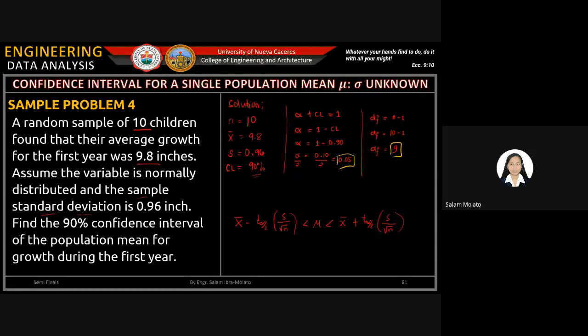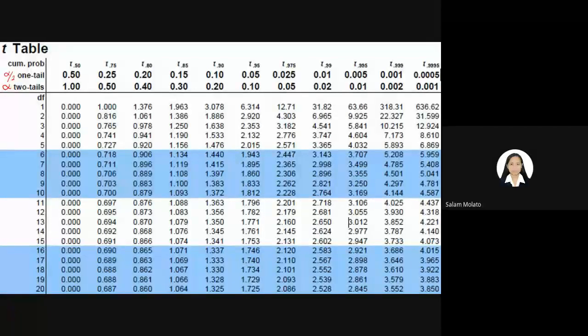So, let's go back to the table. Again, tandaan nyo, we have alpha over 2 is 0.05 and DF is 9. So, let's go back to the table and let's look kung ano yung value niyan. So, our DF or the degree of freedom is 9, nandito po yung 9.